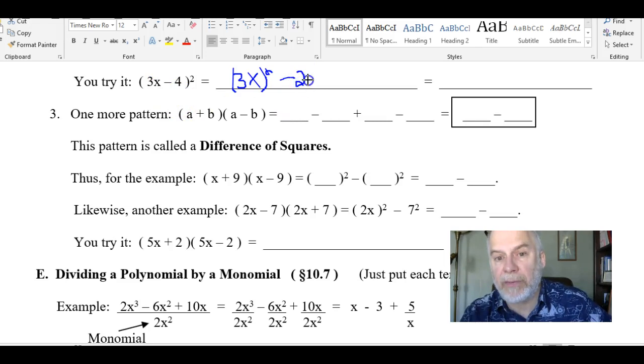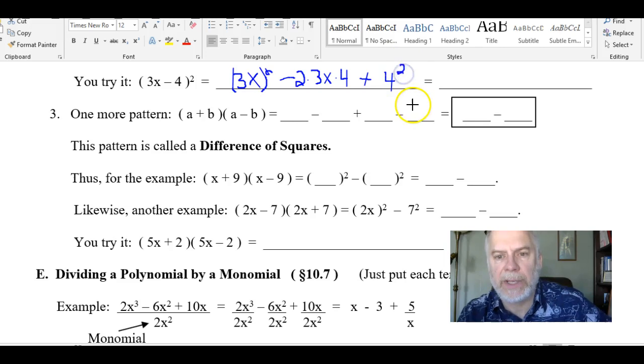Now 2 is just part of the formula. It's always going to be there. A, which is 3x, and then b. B is 4. Again, don't worry about the negative sign. The pattern takes care of that. And then last of all, plus b squared. So 4 squared would give us 16 in the end.